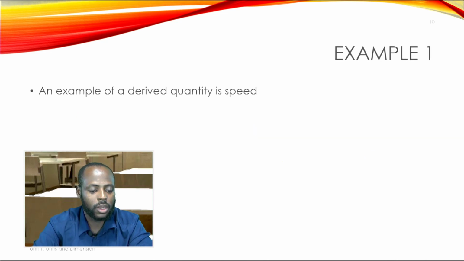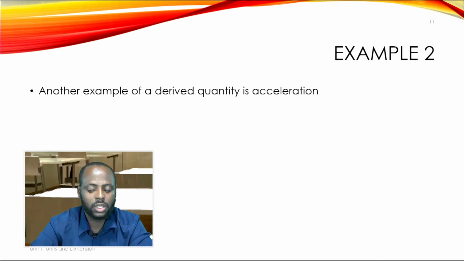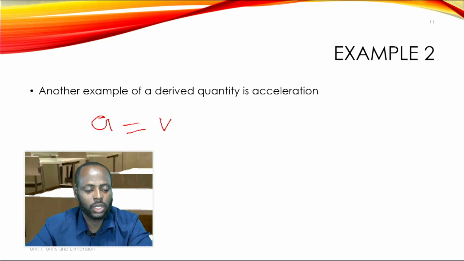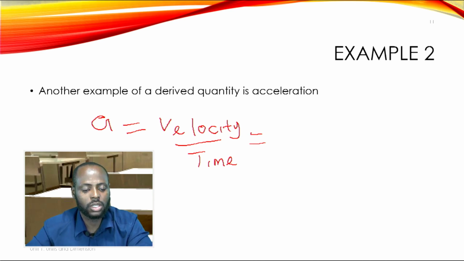We can consider another example, which is acceleration. Let's represent acceleration with small a. Acceleration is given as the ratio between velocity and time. Just the same way we define speed, velocity is also the ratio between distance and time.